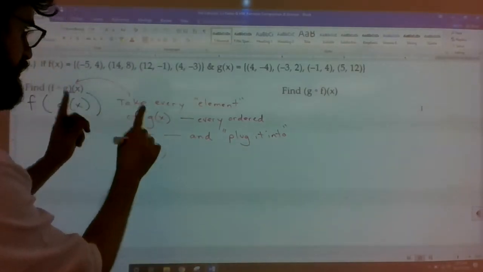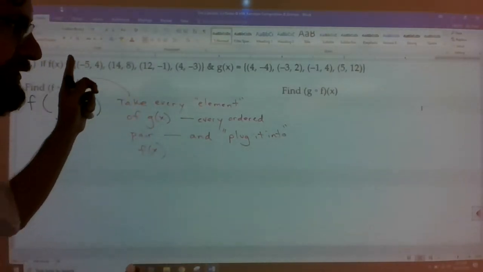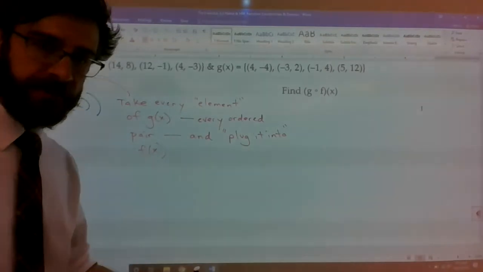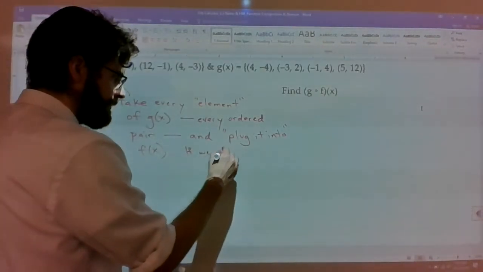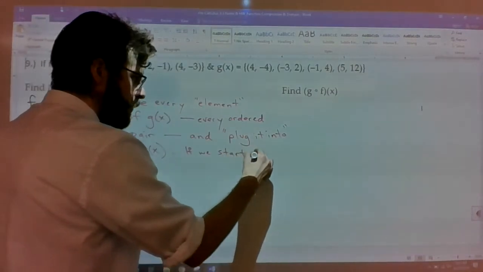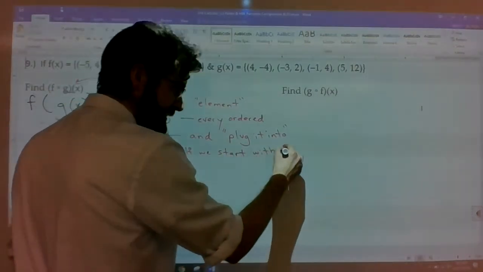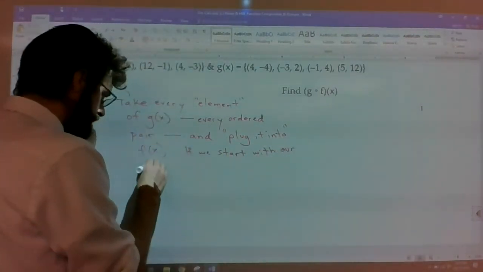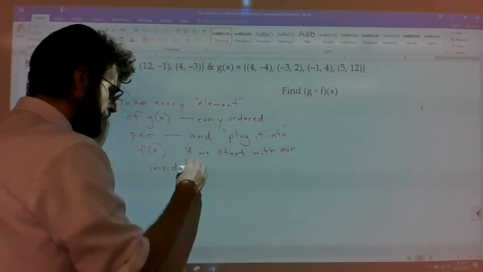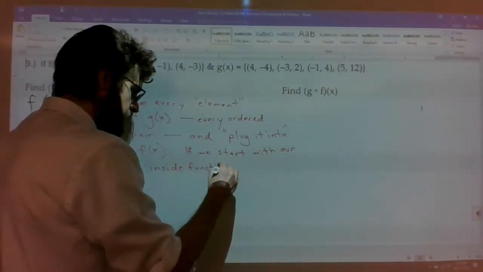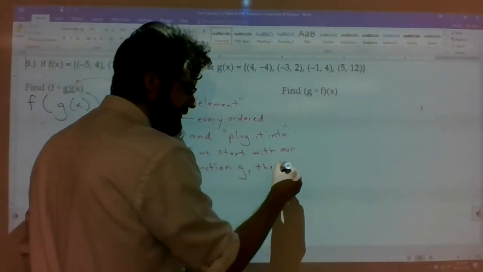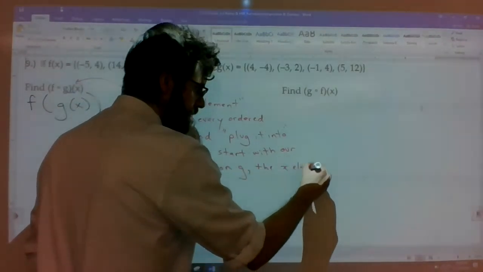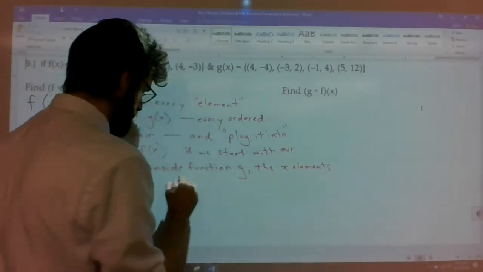So, if we start with g, we have to start with the x values of g. If we start with our inside function g, the x elements are the starting points.